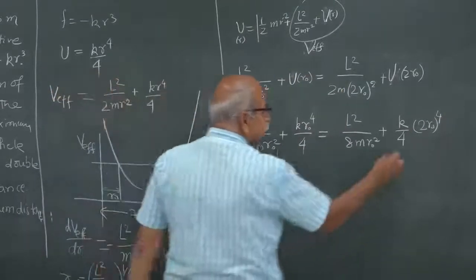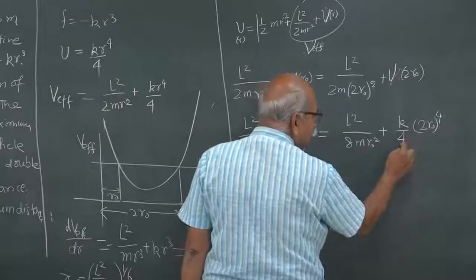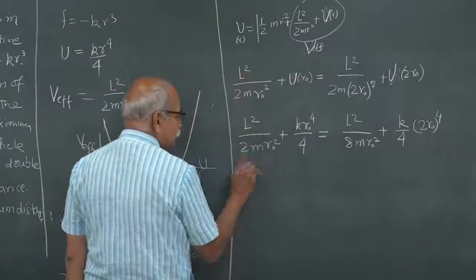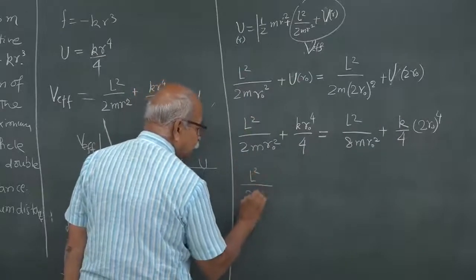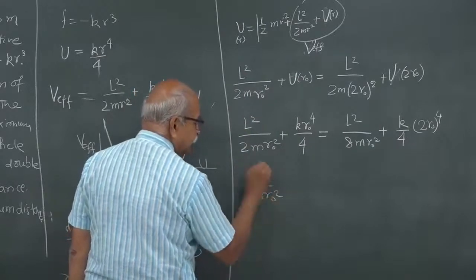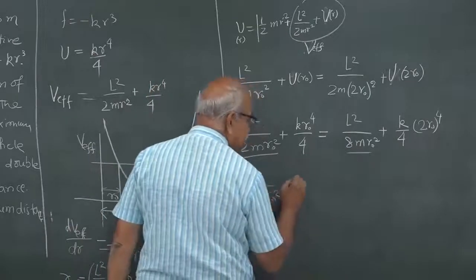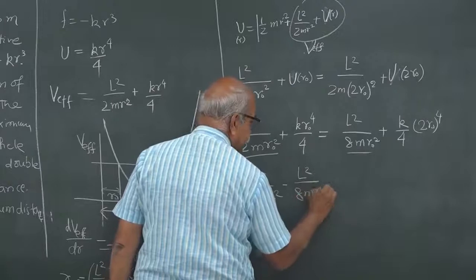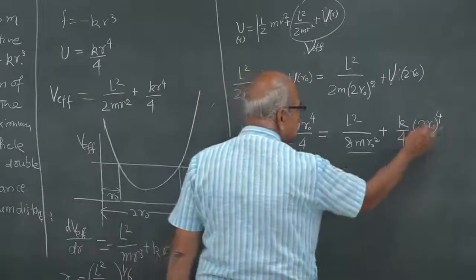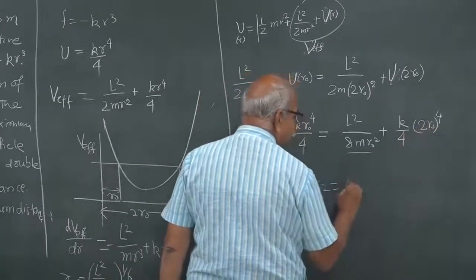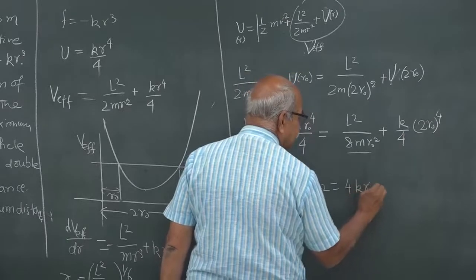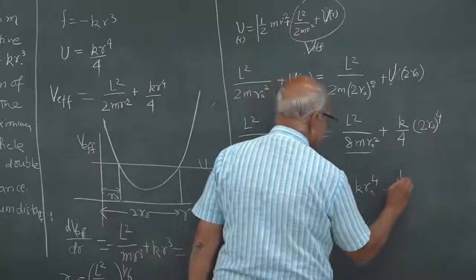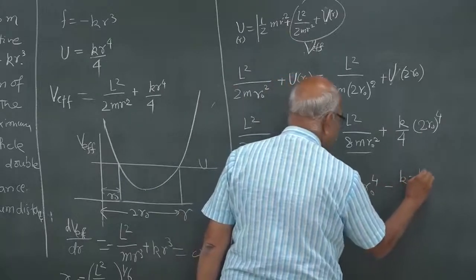So, this is 16 by 4 is 4 here. So, I have this L square by 2 m r naught square, this one, and minus this one, minus L square by 8 m r naught square is equal to, this is 16 by 4 is 4 k r naught to the power 4 and minus k r naught to the power 4 by 4.